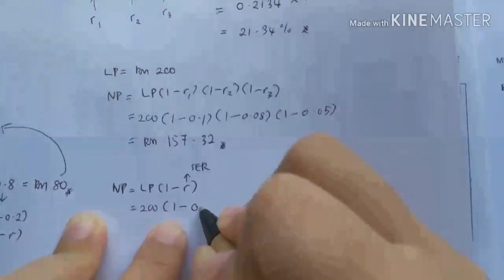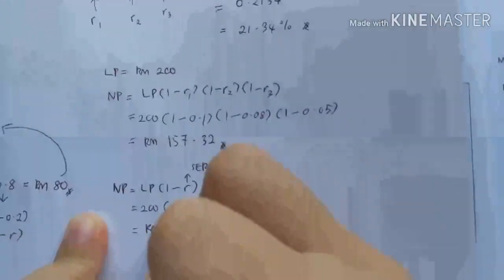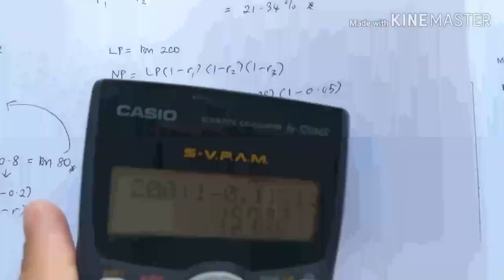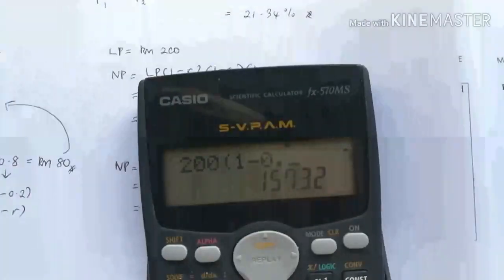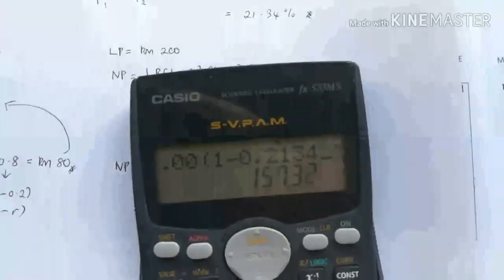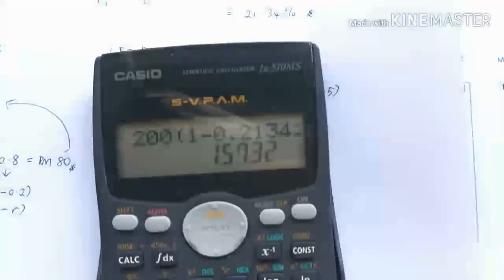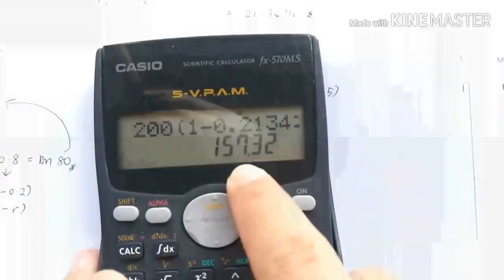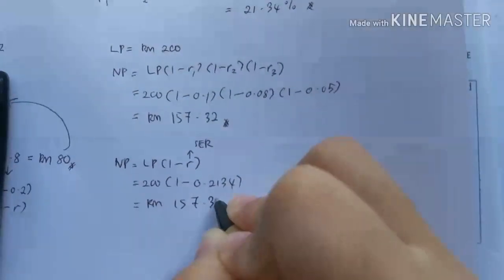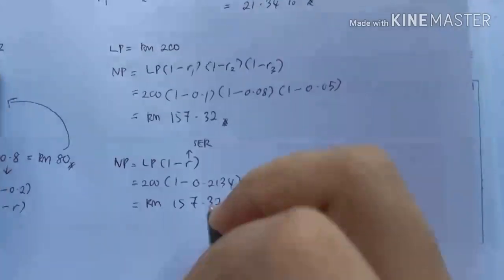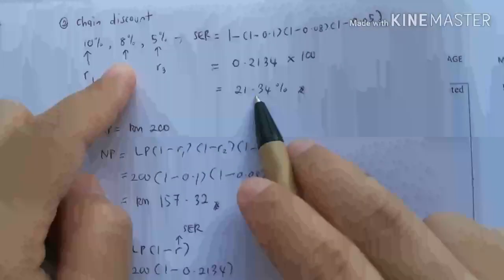So 1 minus 0.2134. 200 times 1 minus 0.2134 equals 157.32. So it's the same figure here. RM 157.32. So that is the reason why we see that the three chain discounts here are equivalent to 21.34%.